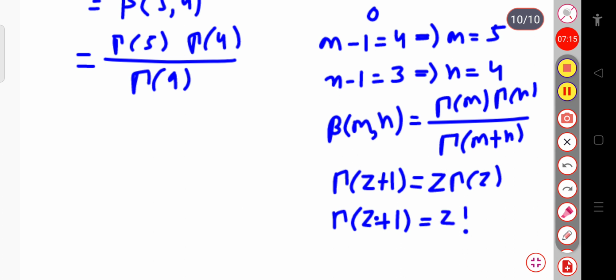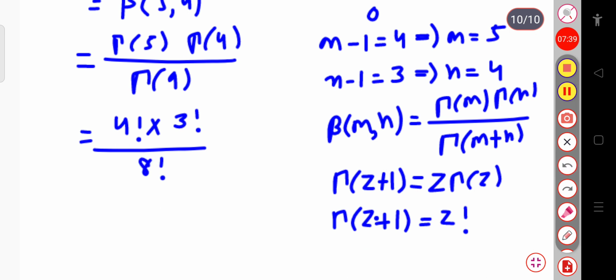So now gamma of 5, that is gamma of 4 plus 1, is 4 factorial, into gamma of 4, that is gamma of 3 plus 1, which is 3 factorial, divided by gamma of 9, that is 8 plus 1, which is 8 factorial.